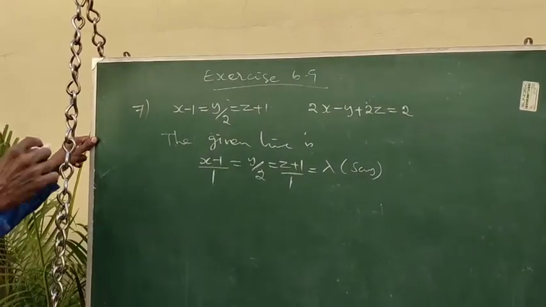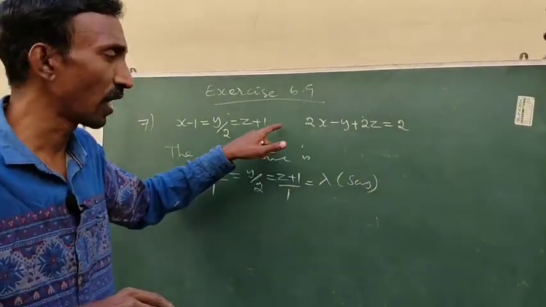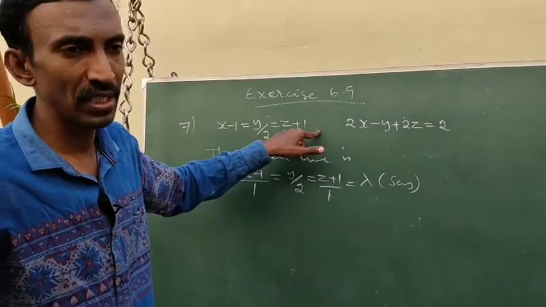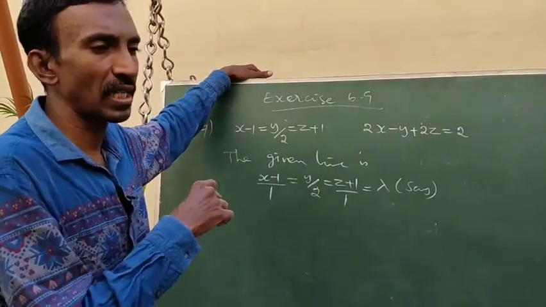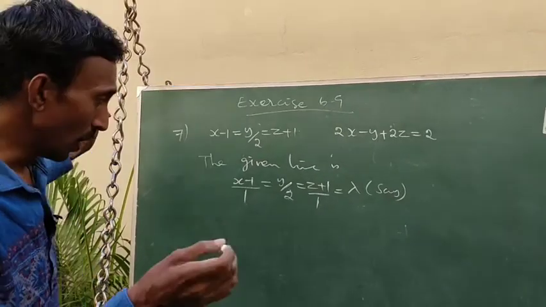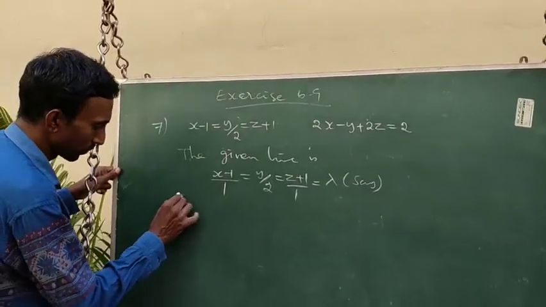Here, I already gave a formula to find the point of intersection, but there is a shortcut instead of mucking up the formula. Find the general point on the line.